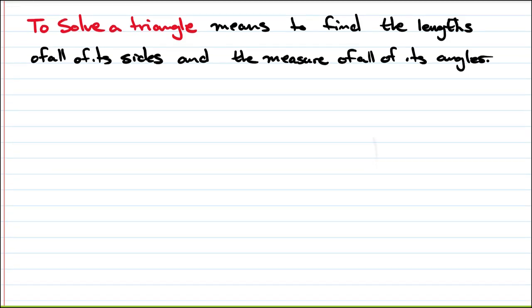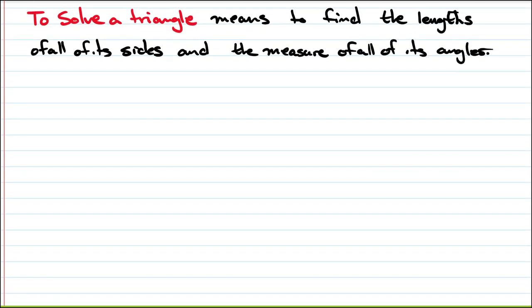There's a couple of theorems that we're probably familiar with, but let's mention them. And the first one has to do with the sum of the angles of a triangle.